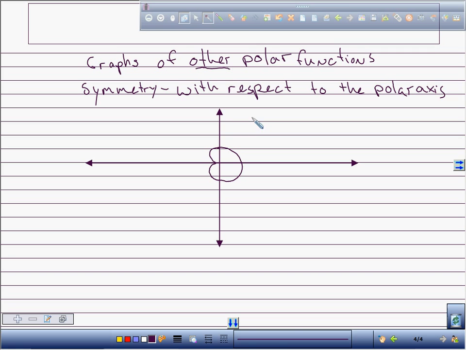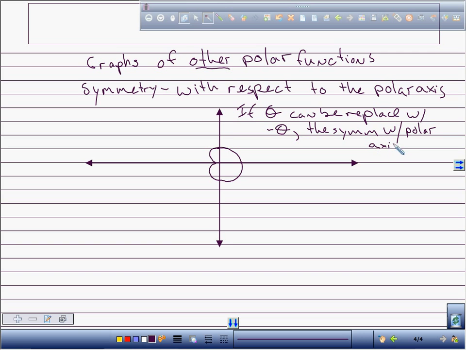The way you check for symmetry is, if theta can be replaced with negative theta and the equation does not change, then you have symmetry with the polar axis.